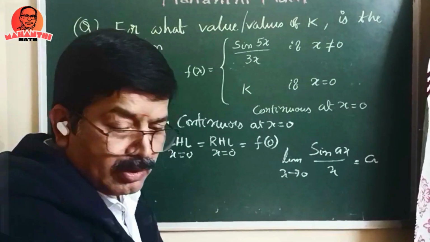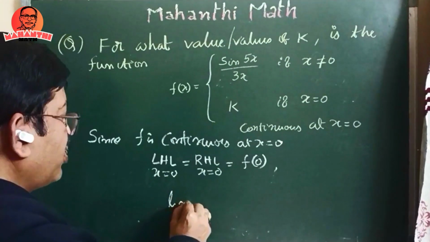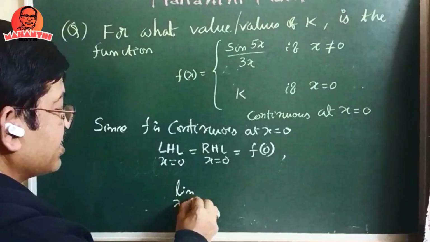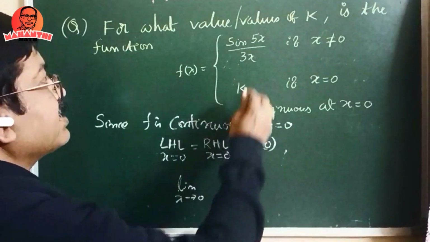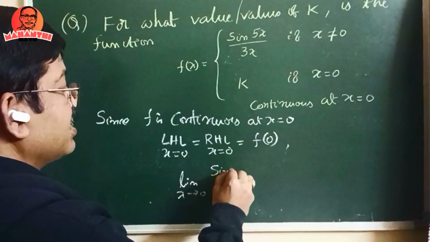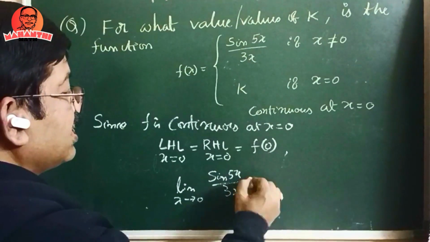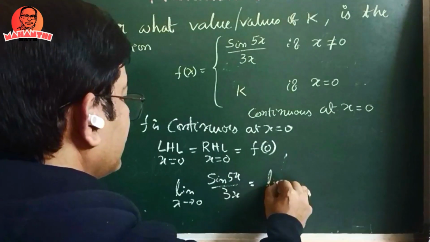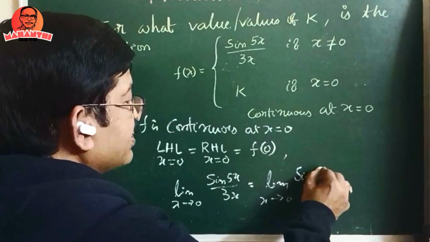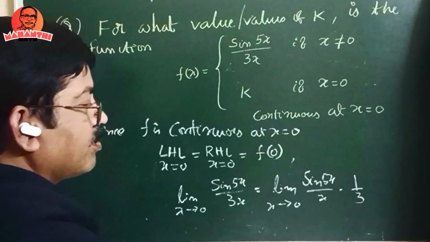Now you see, I am not writing LHL and RHL separately, I am writing the limit only. Limit x tends to 0, f of x, here when x not equal to 0, we write sine 5x by 3x. This one is limit x tends to 0, sine 5x by x into 1 by 3. This 3 I have written separately.